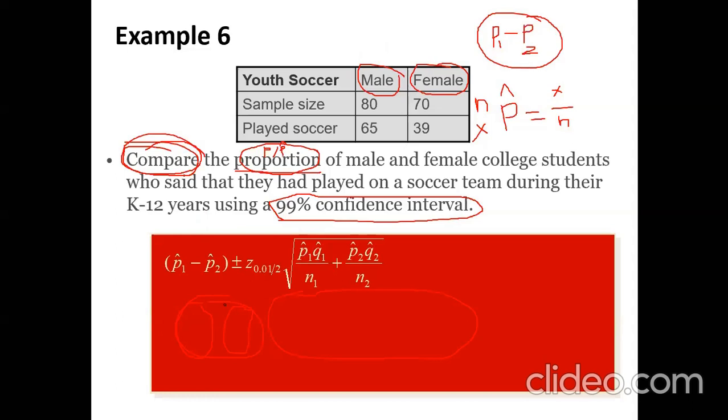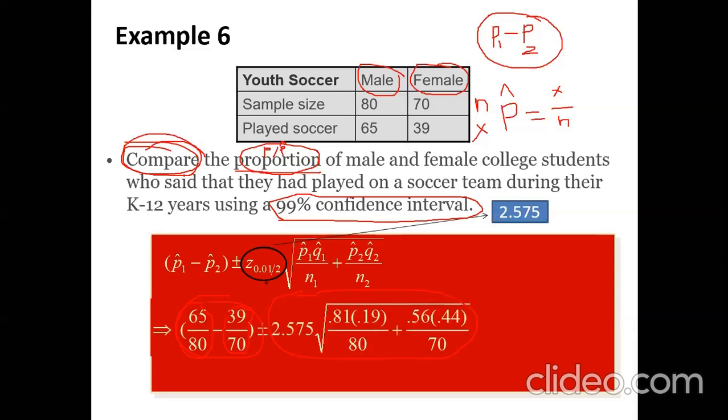All right, so how to get the critical value? You will try after this how to calculate the critical value. For the critical value, you will get 2.575. And then you convert all the values, the P hat 1 minus P hat 2.